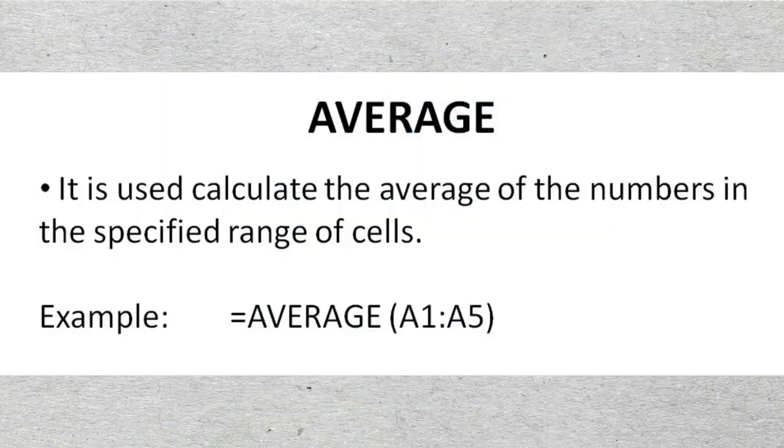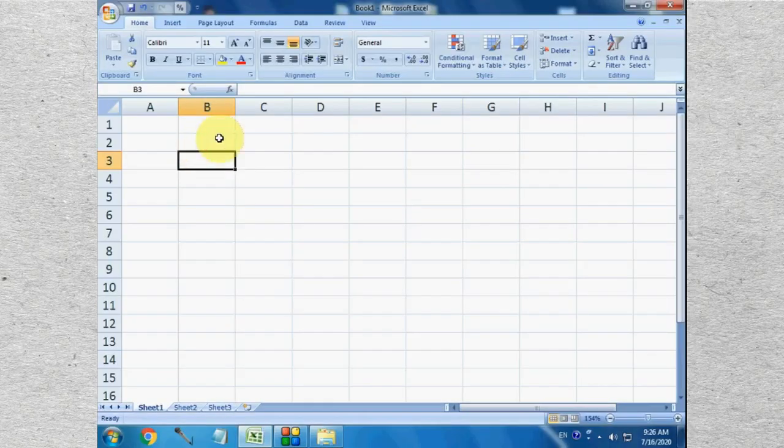Average function. It is used to calculate the average of the numbers in the specified range of cells. Example is given below. Now we will find the average of the first 5 numbers. Okay, 150, 260, 450, 100, 350. Now for average we will use average function.